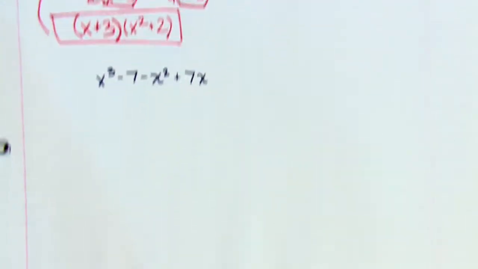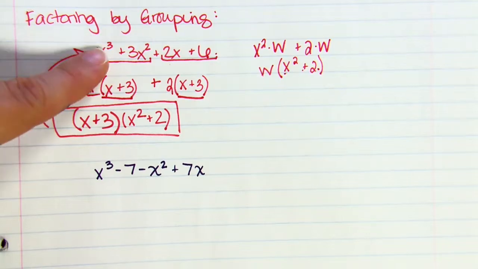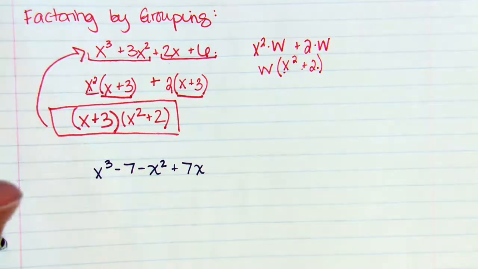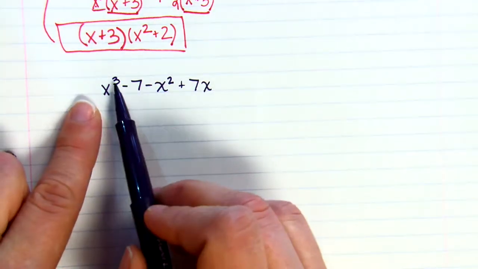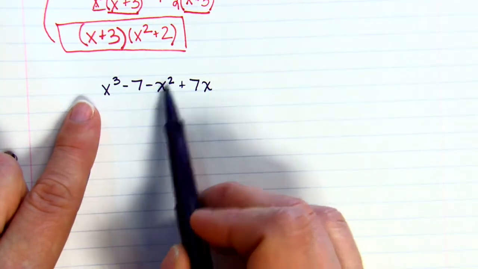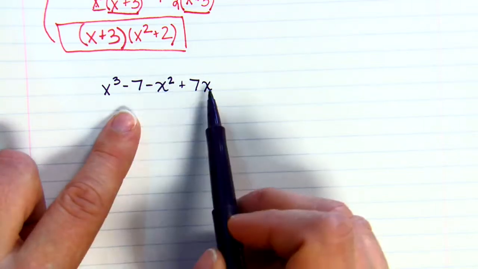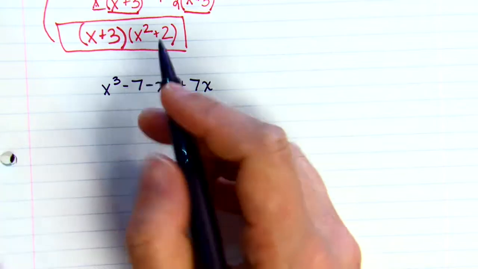If I want to use a similar method from up here, remember first I grouped into binomials that had something in common. When I look at here, x cubed and 7 don't have anything in common, but the x cubed and the x squared do, and the 7 and the 7x do. So I can use my commutative property to flip these two.